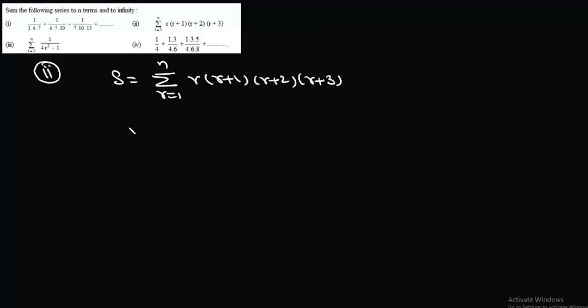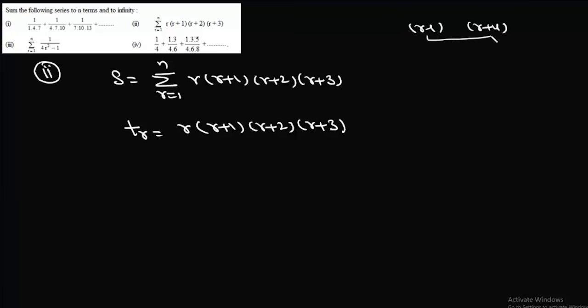So what we'll do is we'll write its rth term as (r plus 1)(r plus 2)(r plus 3). Now we'll try and use method of difference in this. So the term before this one will be r minus 1 and term after r plus 3 will be r plus 4, and the difference is 5. So what we'll do is we'll multiply and divide everything with 5.